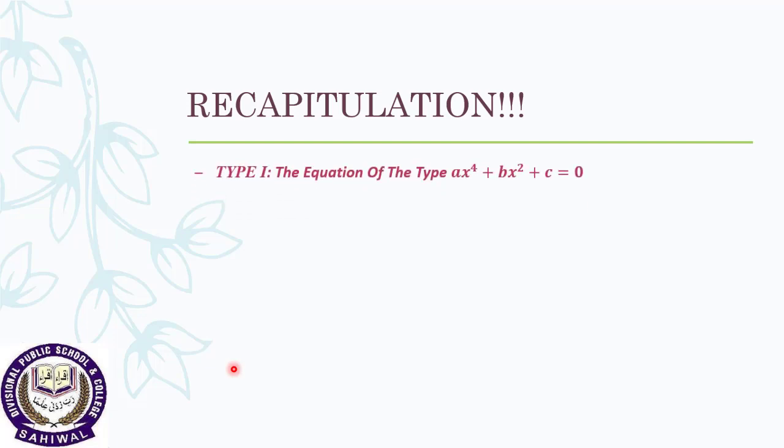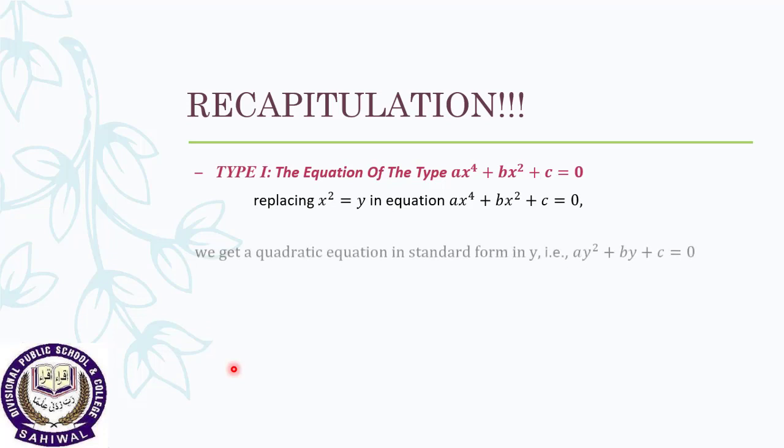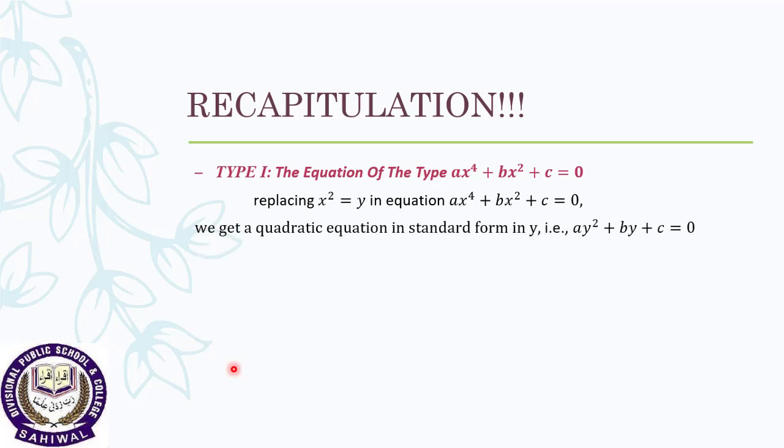Among them, the first type of the equation is ax raised to power 4 plus bx square plus c equal to 0. In this equation, we replace x square by y and get a standard quadratic equation as ay square plus by plus c equal to 0.